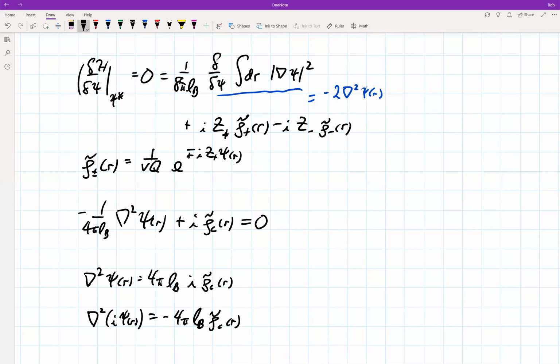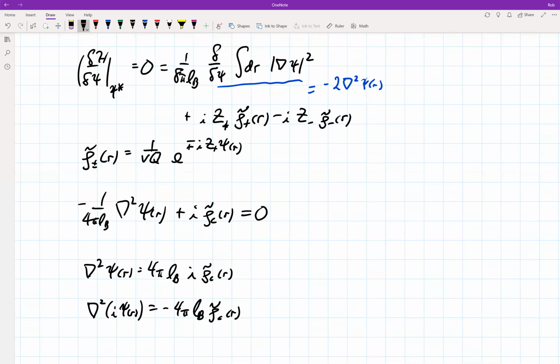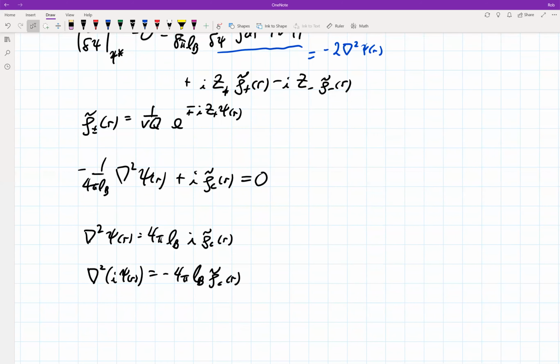But to me, this is a really nice and elegant way of deriving the Poisson-Boltzmann equation. And of course, you can go further from here and linearize it to get even more simplified versions of this.